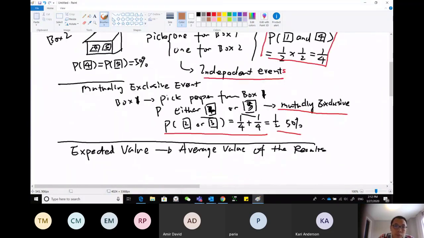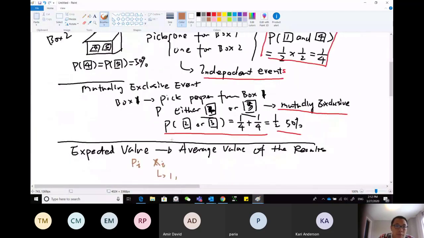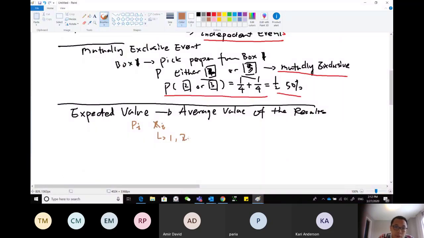So to calculate that, we need 2 things. We need the probability of each possible event, and also we need the outcomes of each event. So the outcomes in this case for box 1, we have 3 cases. We have 1, we may get a value of 2, and we may get a value of 3, right? And the probability for these 3 is, to get value 1, our probability is 50% of the chance. For value 2, our probability is 25%.